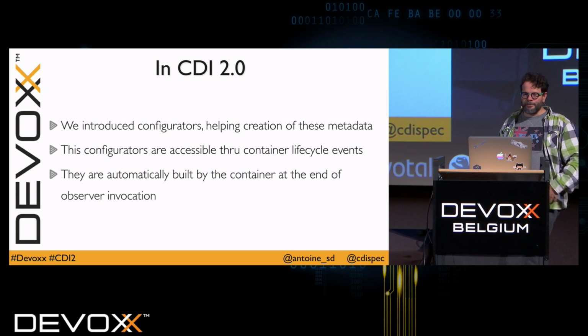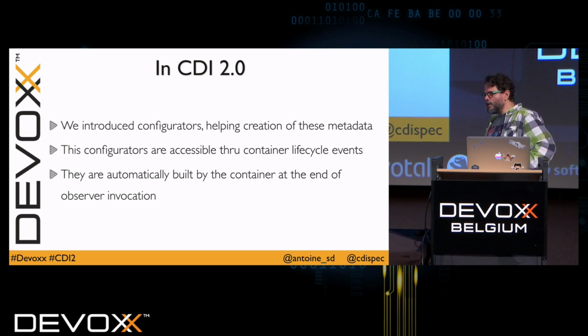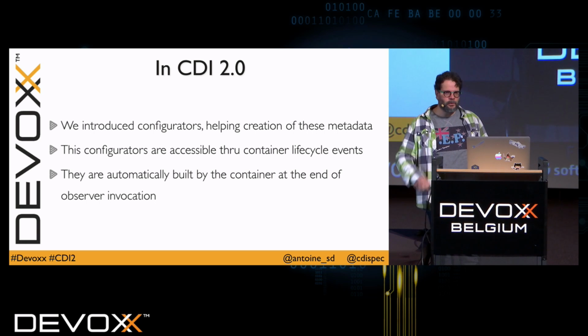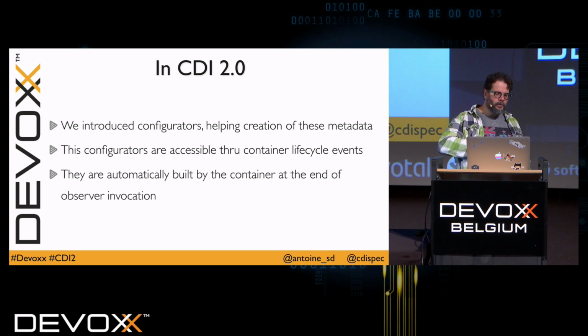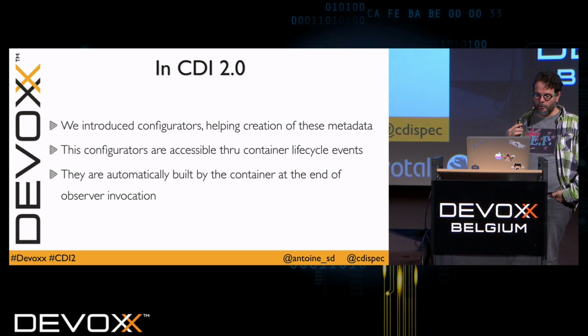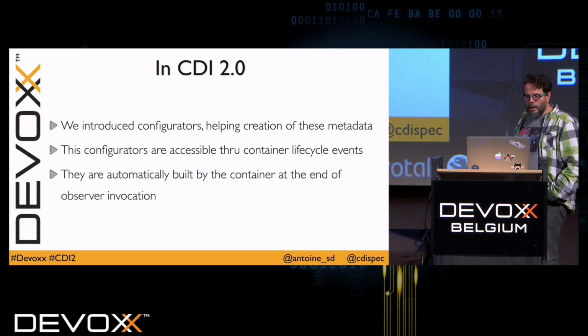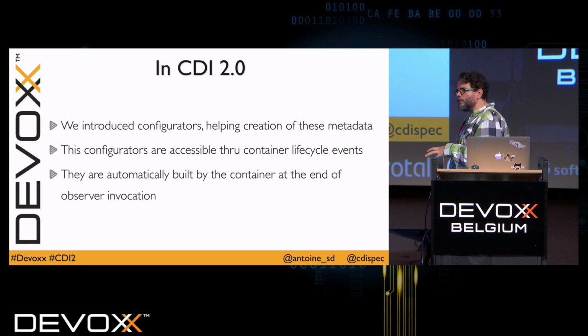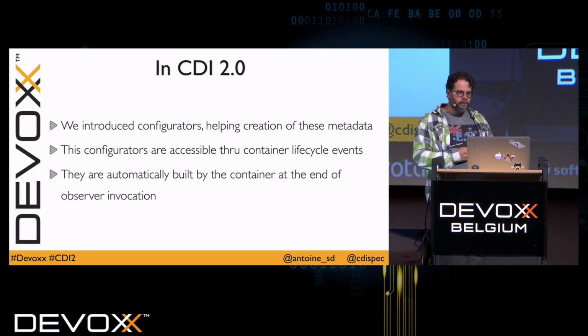So in CDI 2, we introduce configurator helpers for much of this metadata: annotated type, injection point, bean attributes, bean, and observer method, if I don't miss something. And you can access those configurators in the lifecycle events of your container.